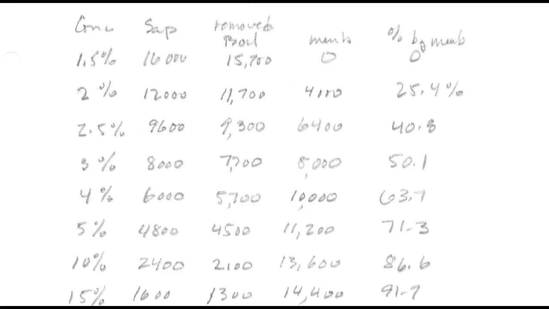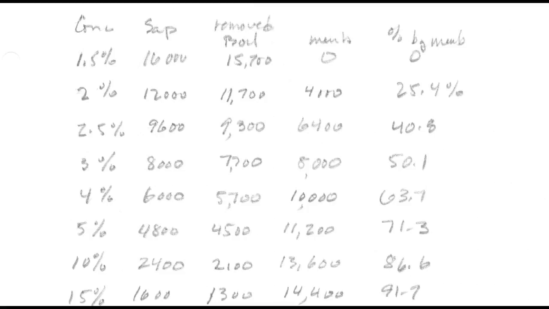So going through these same steps, you can see by going to 2.5%, 3%, 4%, and 5%, we've eliminated up to 71% of the evaporation required by boiling. And there's virtually none left at 15%. So in reality, there would be some leakage, and there is always some economic trade-off in a calculation such as this.